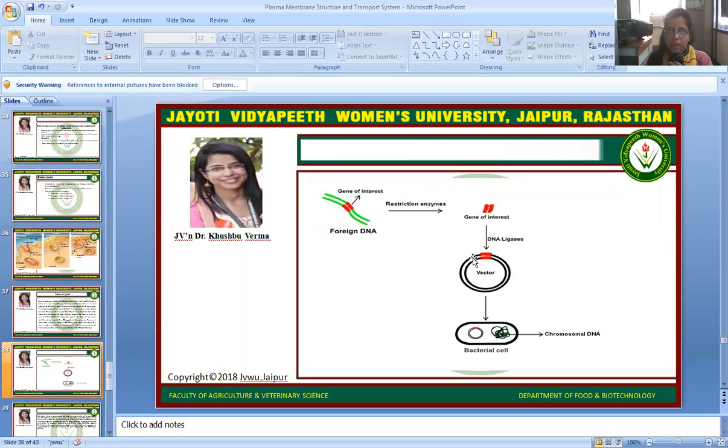This vector is now known as a recombinant vector. Then this recombinant vector will be introduced into the bacterial cell, and this recombinant bacterial cell will multiply and make more recombinant vectors and more of the gene of interest. So this is the flow chart of the process of ligation.